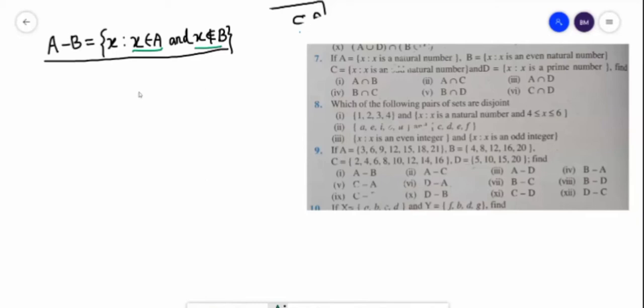Now in number 9, sets A, B, C, D are given, and we have to find their differences. A is the multiples of 3 from 3 to 21. B is the multiples of 4 from 4 to 21. C is the multiples of 2 from 2 to 16. D is given.